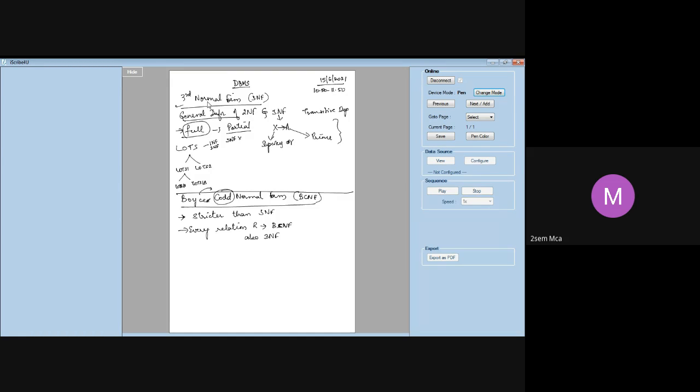I repeat, if a table R satisfies BCNF, then it also holds 3NF.